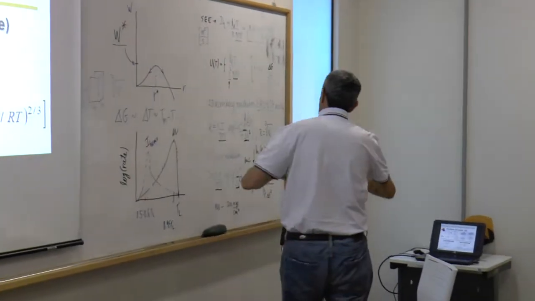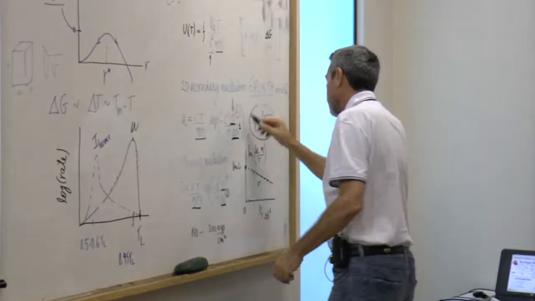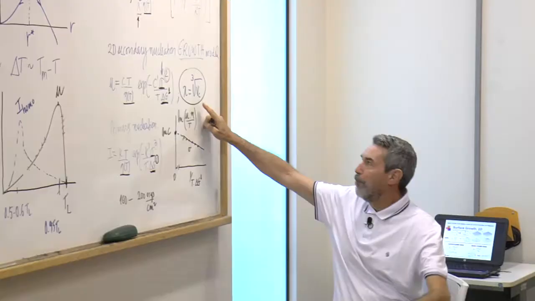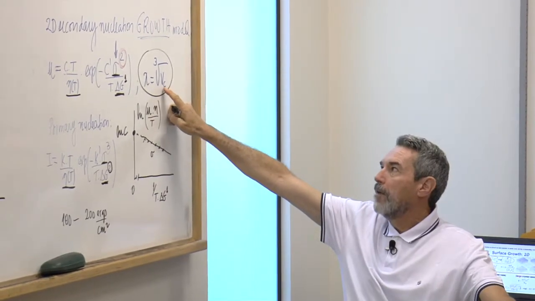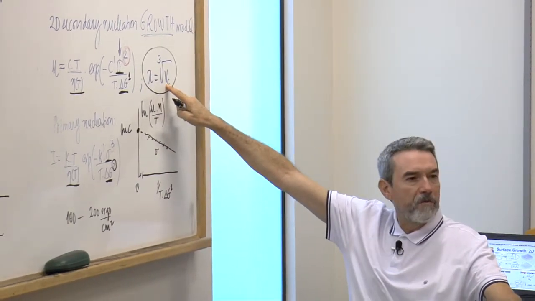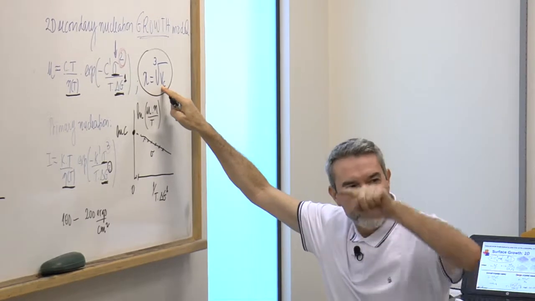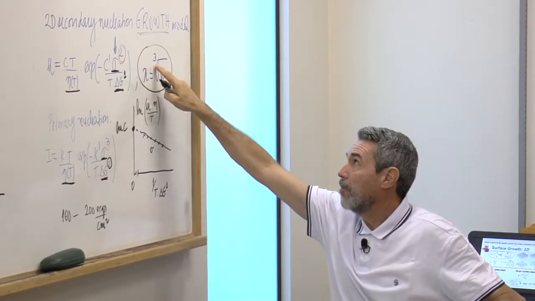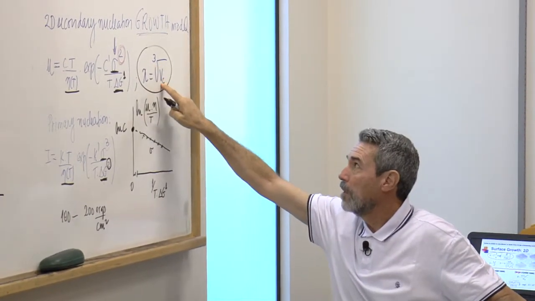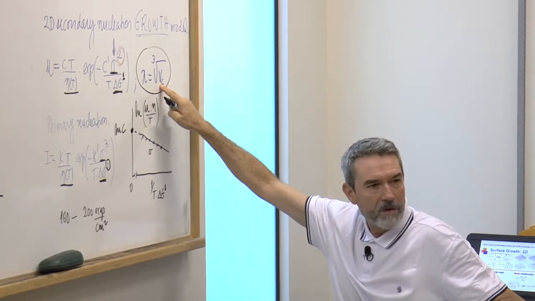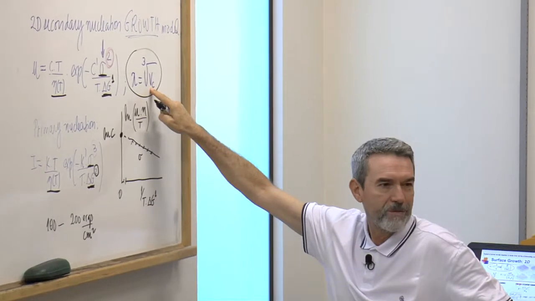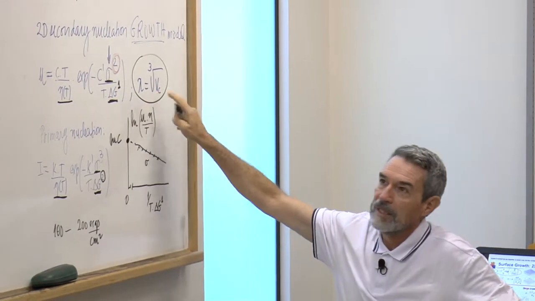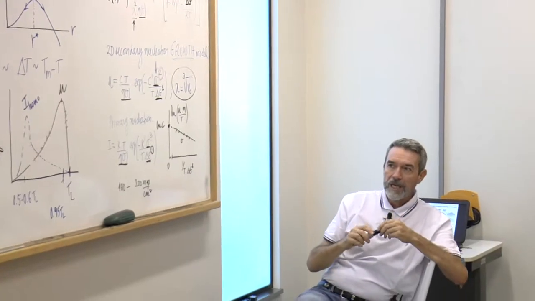You're going to calculate previously the value of lambda, taking the volume of the crystal lattice and calculating the cubic root of the volume of your crystal lattice. This will give a few angstroms for lambda. Let's see what happens with this exercise.